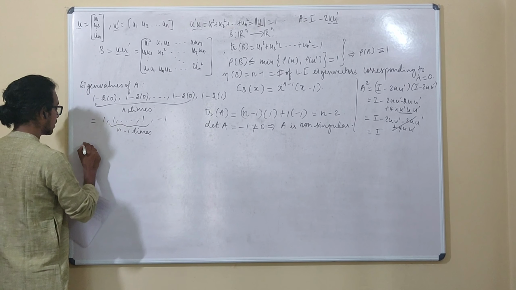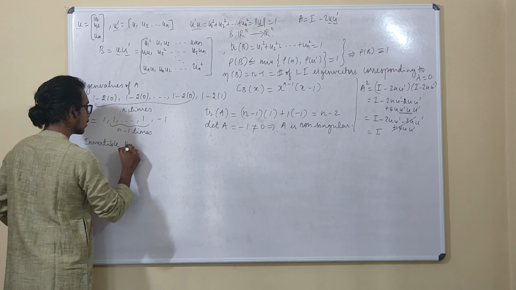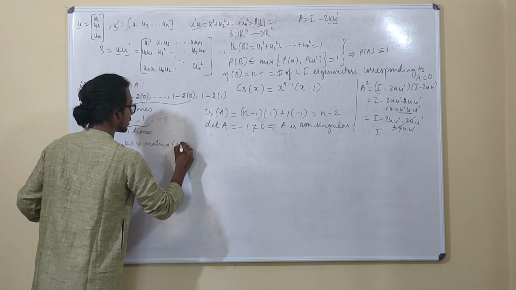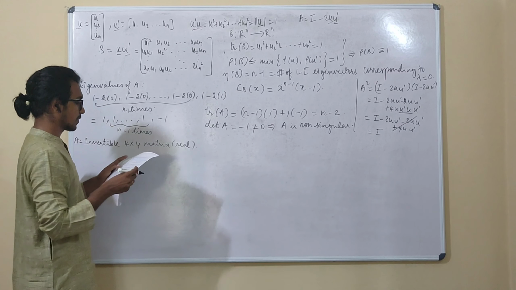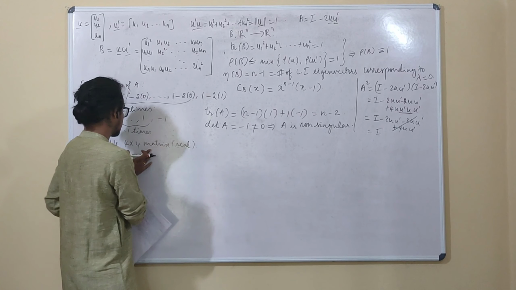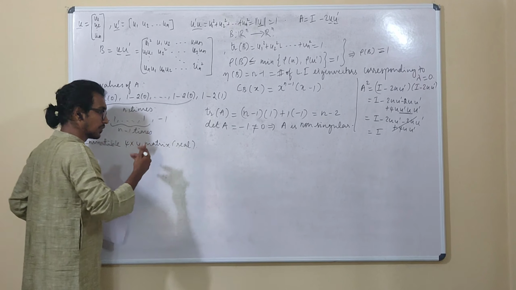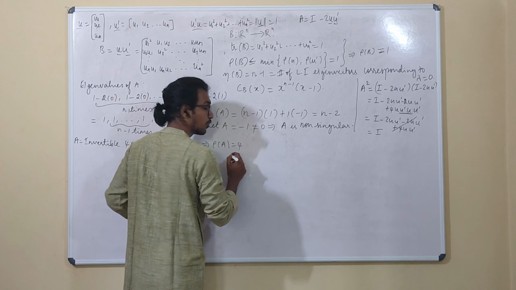Okay, we have an invertible 4 by 4 matrix, which is real. Let us call this the matrix A. So in this case, if it is invertible, which means determinant is non-zero. If the determinant is non-zero, then the rank of that matrix is 4.